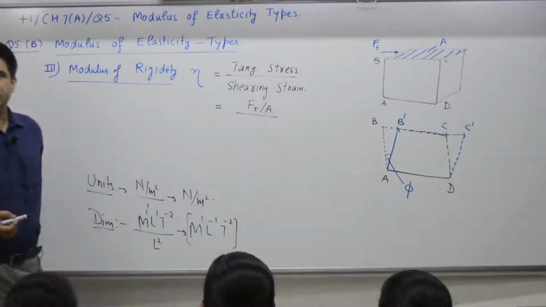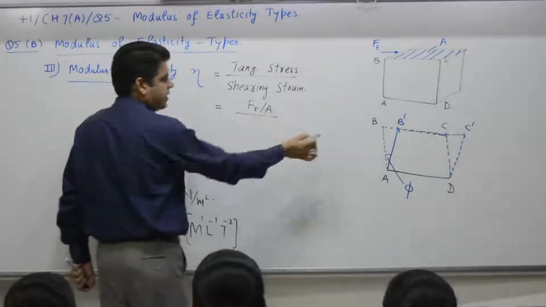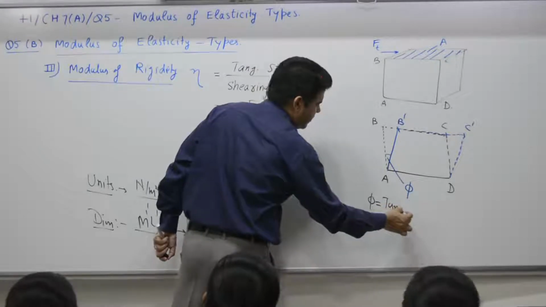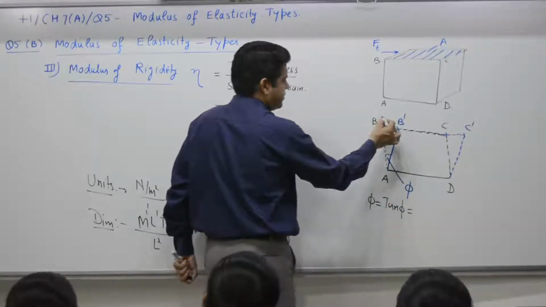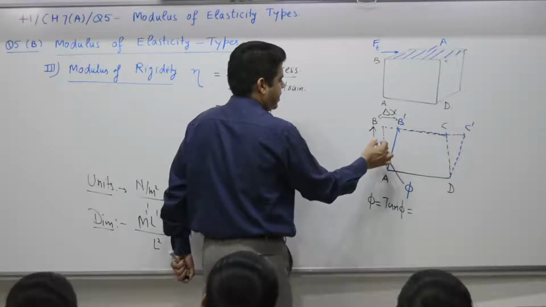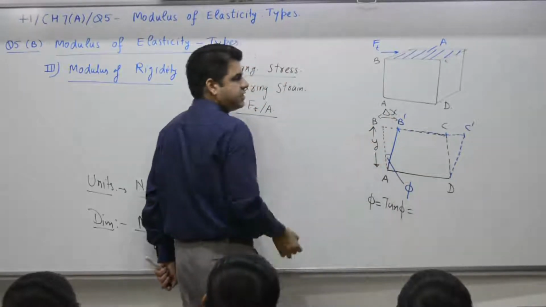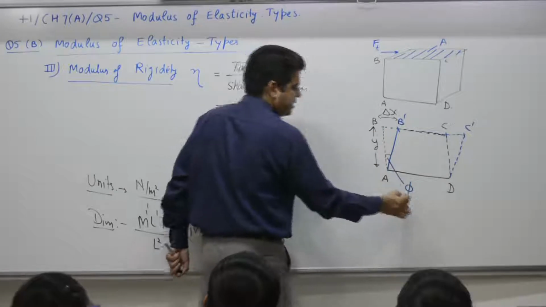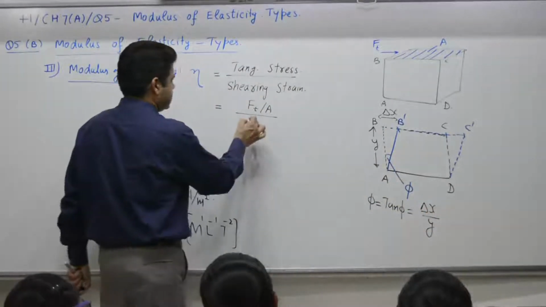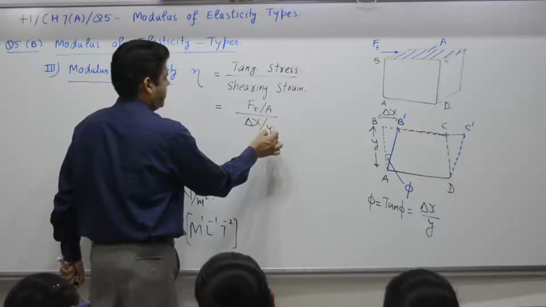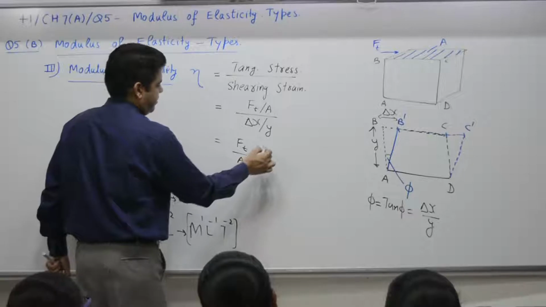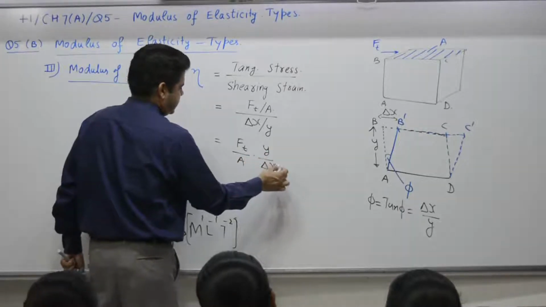Shearing strain here, tangent phi, if this small displacement is delta x, vertical is y, tangent phi is equal to what? Perpendicular by base, delta x by y. So it is delta x by y is equal to F_t by A, so eta equals F_t y by A delta x.